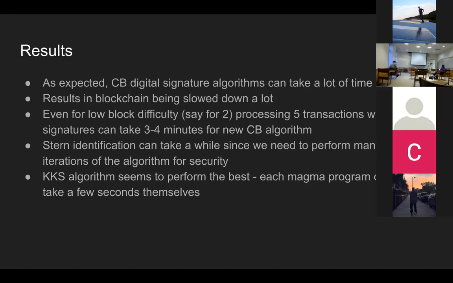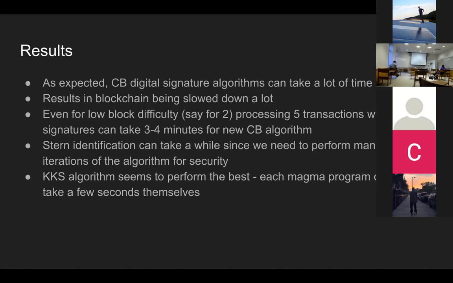So for the results, as I expected, code-based digital signature algorithms can take a lot of time and use a lot of memory, which obviously results in the blockchain being slowed down a lot. Even for low block difficulty, processing a low number like 5 transactions with their signatures can take 3 to 4 minutes for the second algorithm that I discussed, which is obviously not ideal.